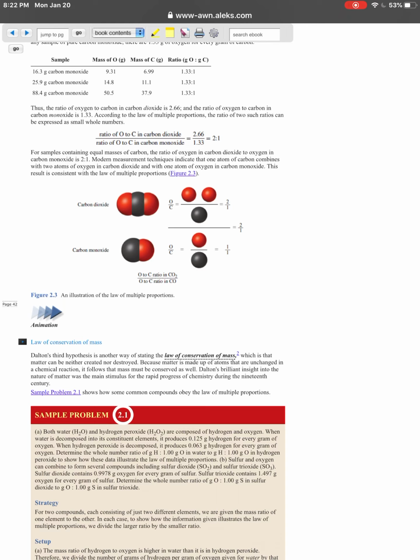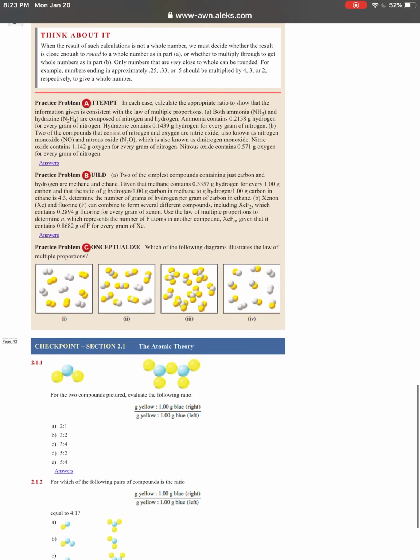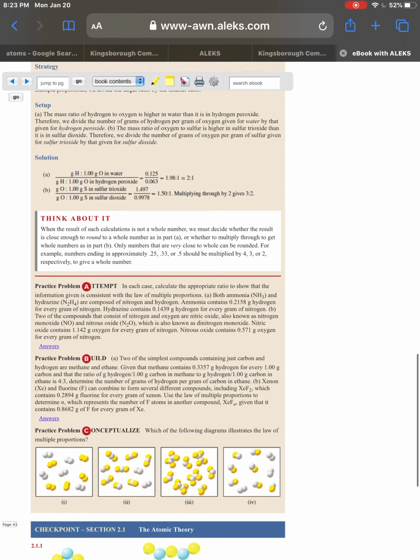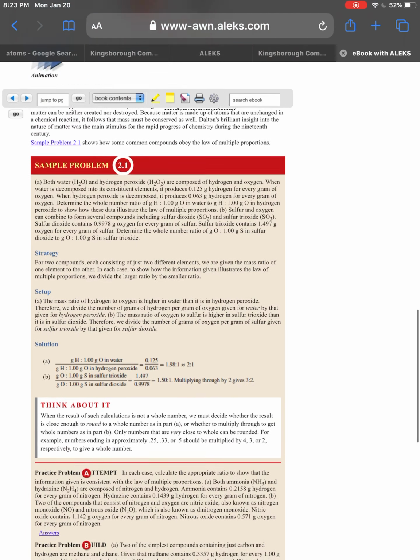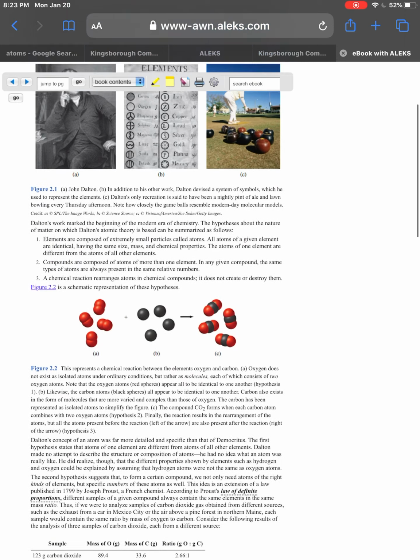So they're showing you these proportions. If you take a look at it, CO2, carbon dioxide, 2 oxygens for every carbon, CO, 1 oxygen for every carbon. So make sure you go through the sample problems and the practice problems and the checkpoints for that. So really all we're looking at here is an introduction to the modern theory of atoms, atomic theory we call it.